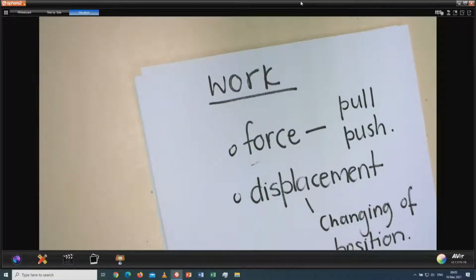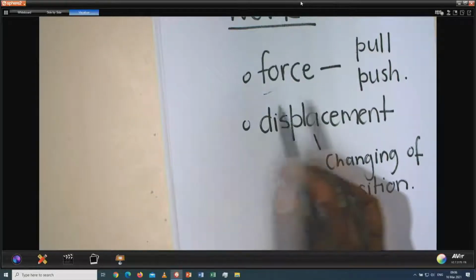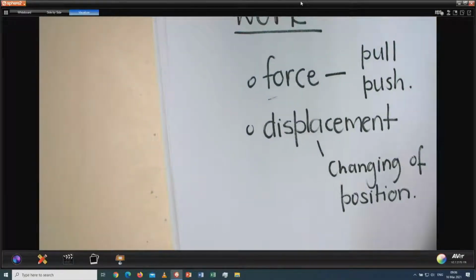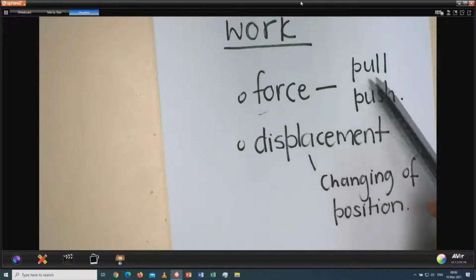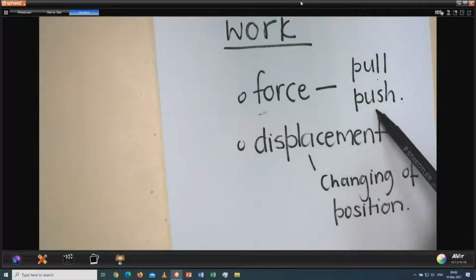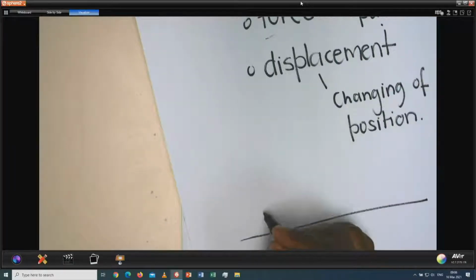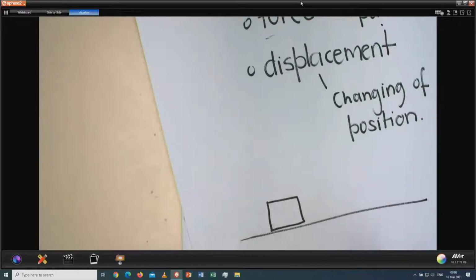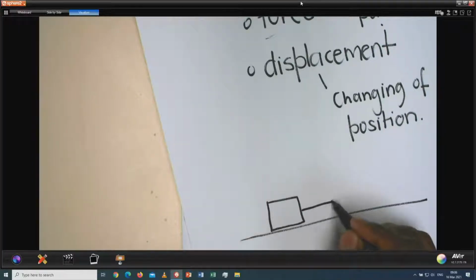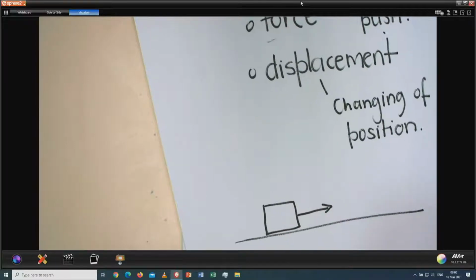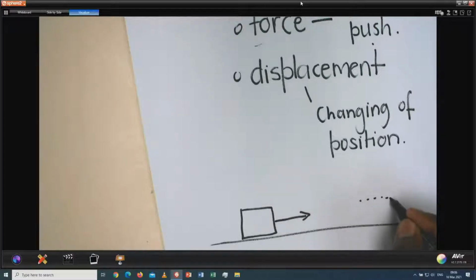Now, let's put the two together, force and displacement. It means that when there is either a pull or a push, and then the position of the object changes, then work is done. So if we have here on the surface an object, and I'll start with a pull. There is a pull on the object, and then the object moves from here to another position.